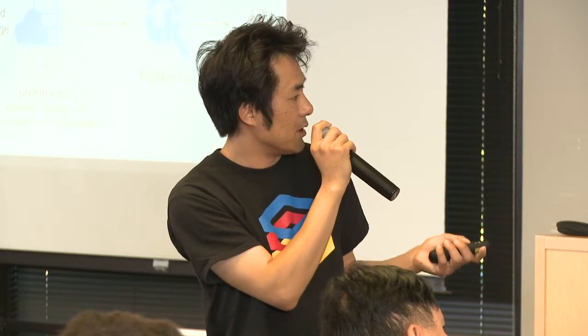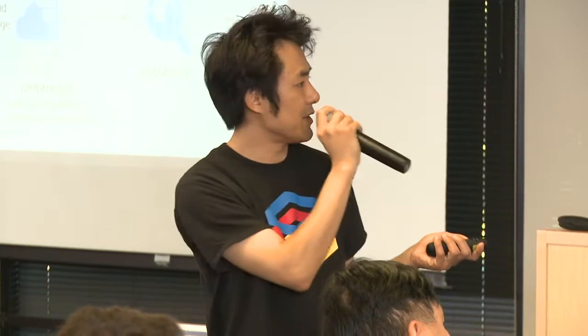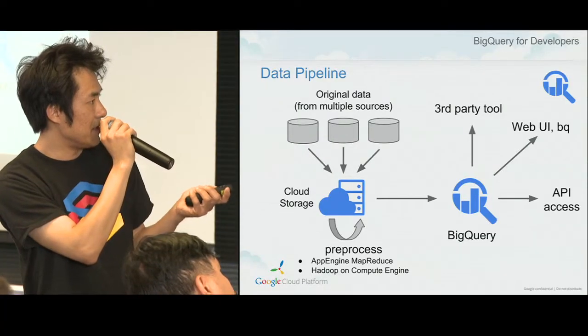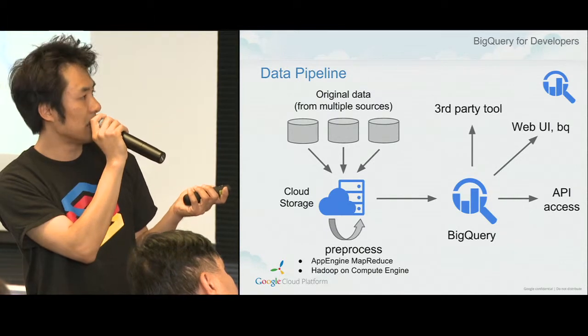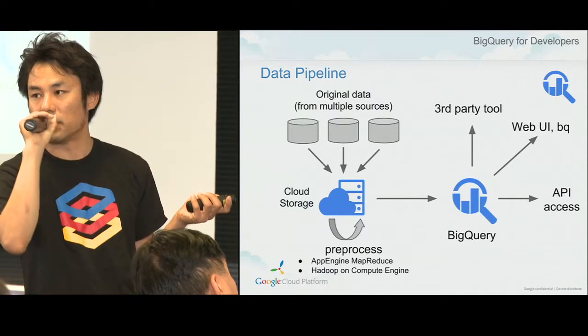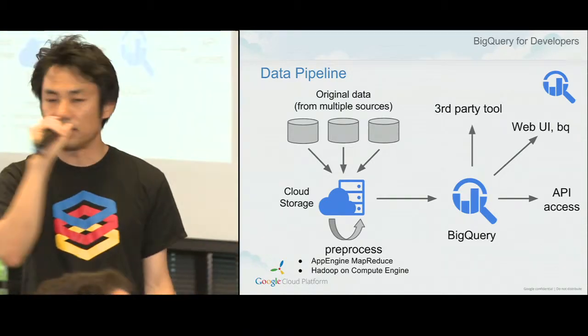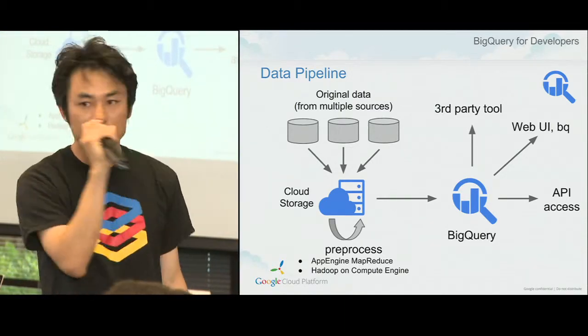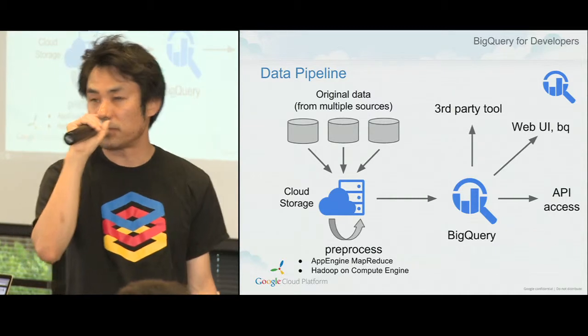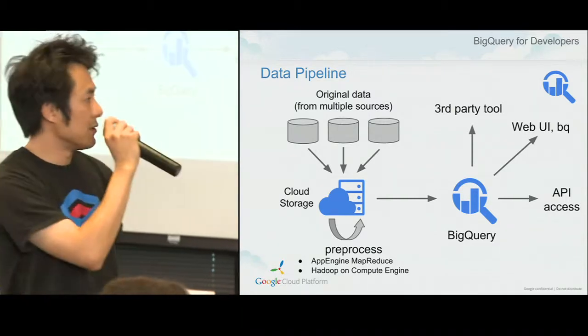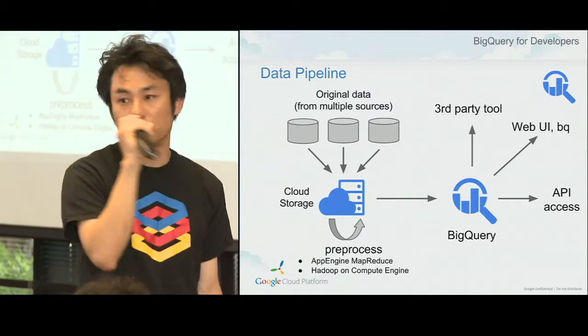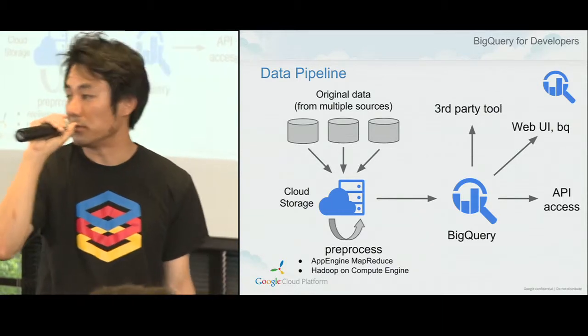Examples of the pre-processing include making the same format from these different logs, or denormalization. Another example is data pre-processing that can't be done in BigQuery, such as IP geo resolution.